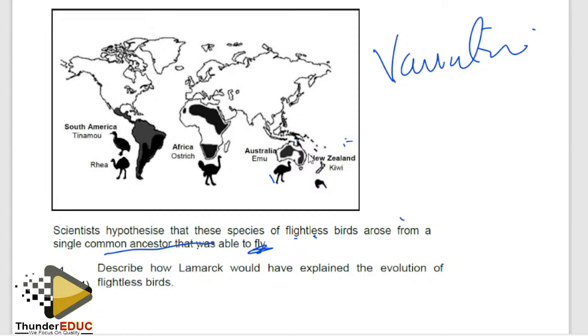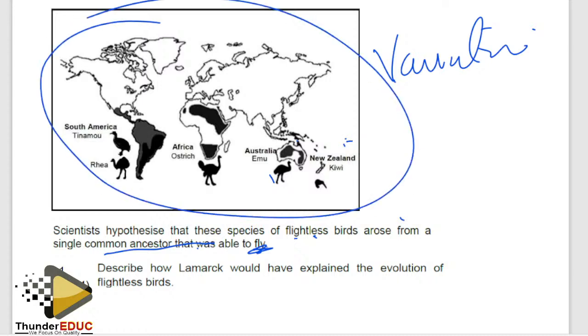This is called natural selection. Those which are not able to fly passed their genes, the character of not being able to fly, to the next generation. After many generations, all the birds were flightless. That's number one.